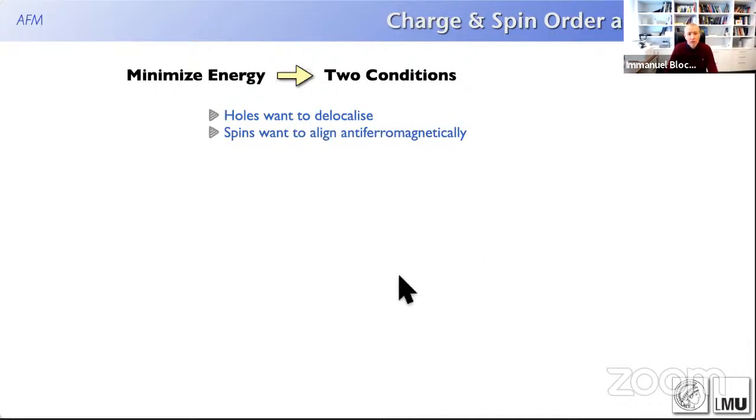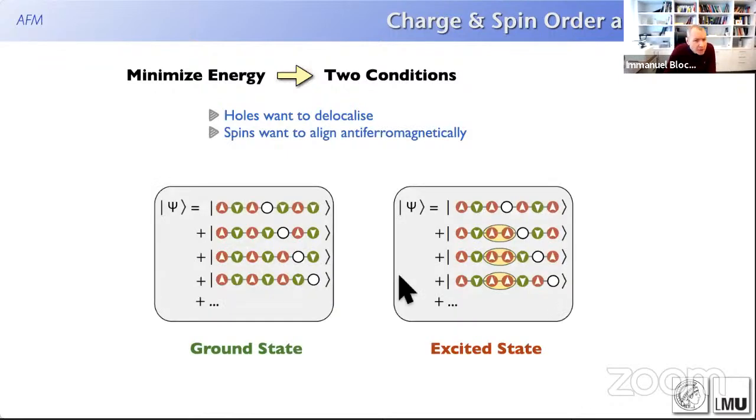Okay, so if I look at the ground state of, let's say, a 1D chain with a hole and ask what is the lowest energy many-body state that I can have, it would be of the following structure, where you have antiferromagnetic alignment of the spins and the hole being in a superposition, being everywhere on the chain. It's completely delocalized, the hole. This is where you minimize the kinetic energy, just like plane waves in free space for a particle minimize kinetic energy. These extended waves in the lattice, these Bloch waves, minimize the kinetic energy of our hole also.